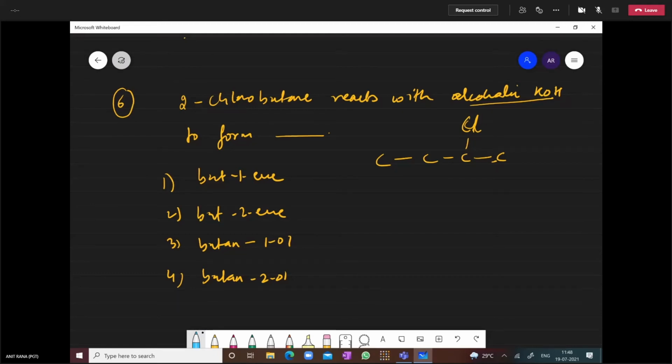So but-2-ene. Correct. That time it will be but-2-ene. If it's 1-chloro, it will be the first answer, but-1-ene.